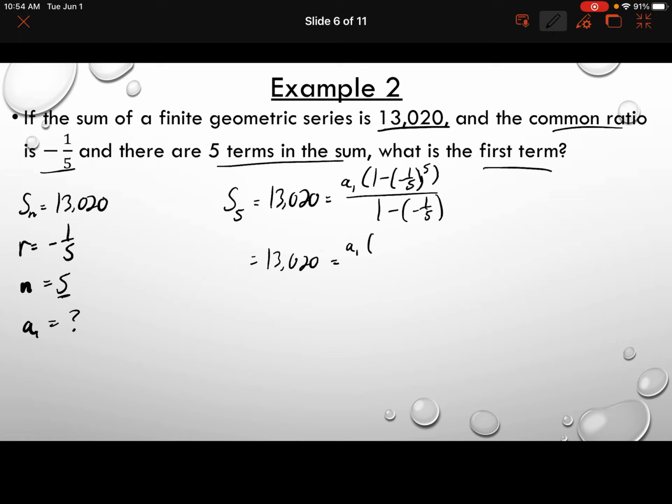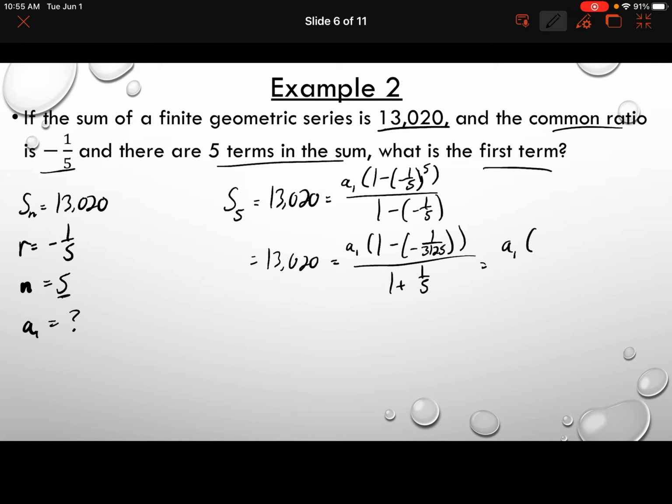All right, so let's see. Actually, let me do it this way. There we go. So we end up with 1 minus negative 1 over 3125, all over 1 plus 1/5. All right, let's simplify this further.